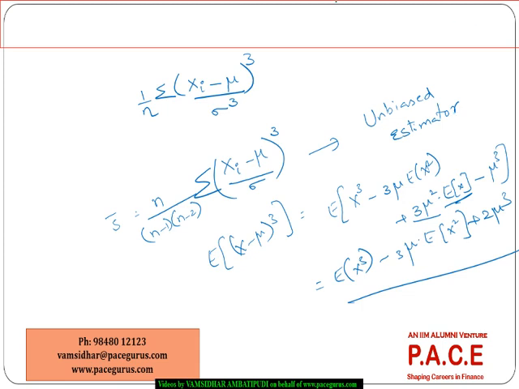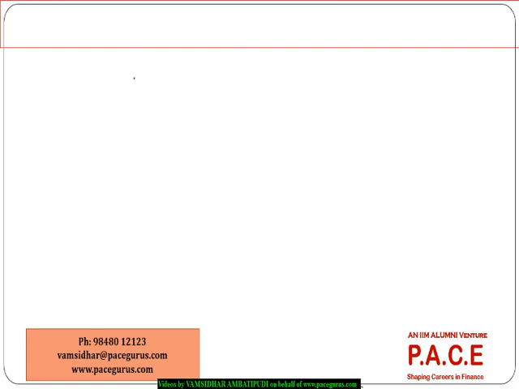And a few important points with respect to skewness: if the skewness is 0, we said that the data, the distribution, is more or less symmetric.